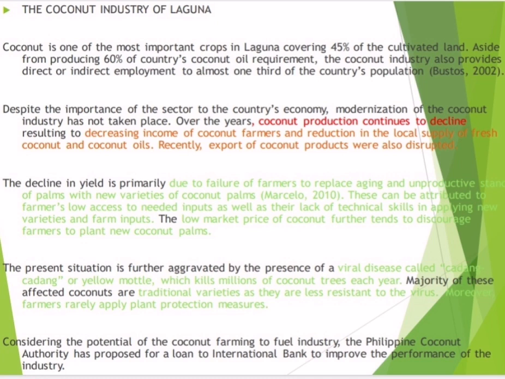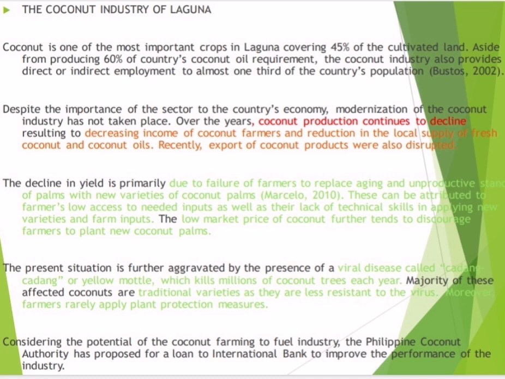Another, on the third paragraph: the decline in yield is primarily due to the failure of farmers to replace aging and unproductive stands of palms with new varieties of coconut palms. These can be attributed to farmers' low access to needed inputs as well as their lack of technical skills in applying new varieties and farm inputs.